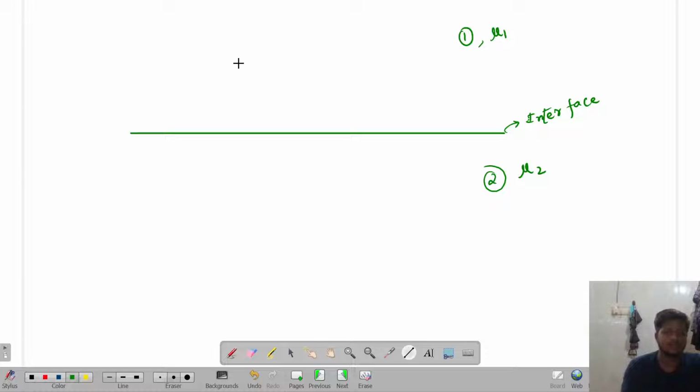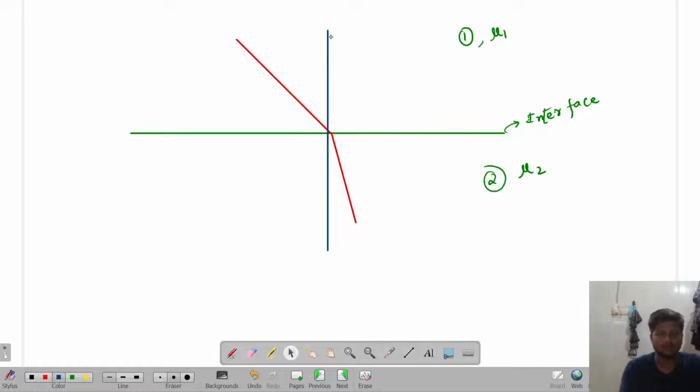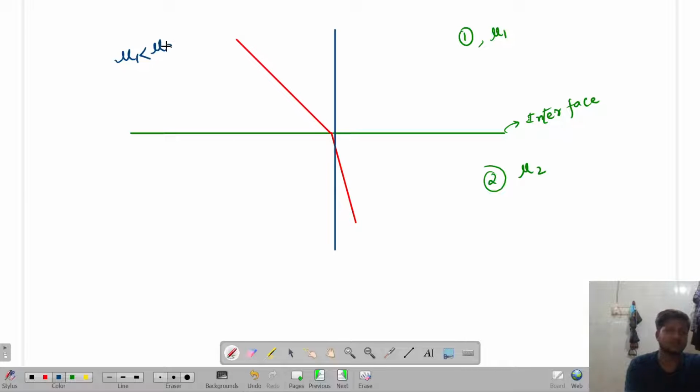Now, let's suppose the light is entering from medium 1 to medium 2 in such a way that medium 2 has a higher refractive index as compared to medium 1. Got it or not? Medium 1 has a lesser refractive index than medium 2.